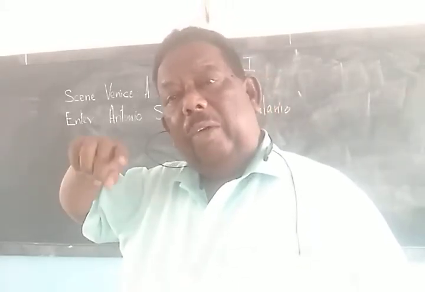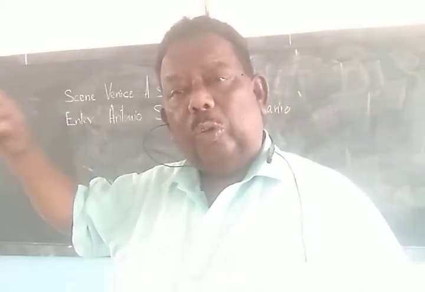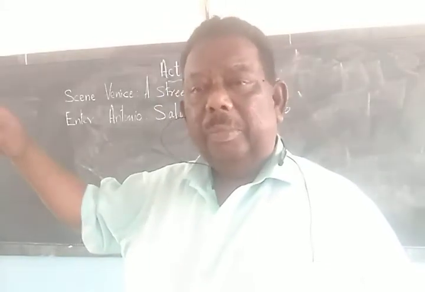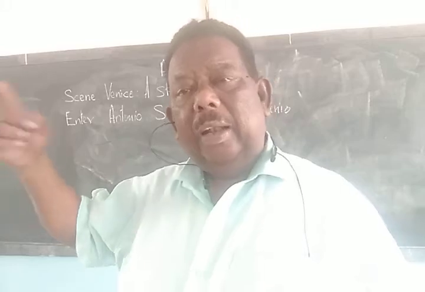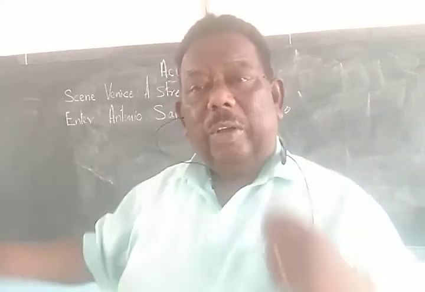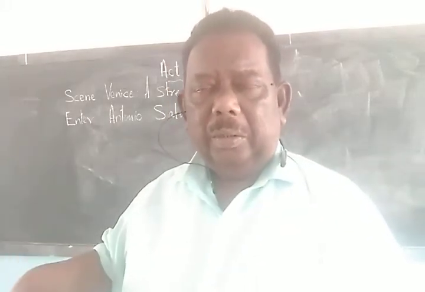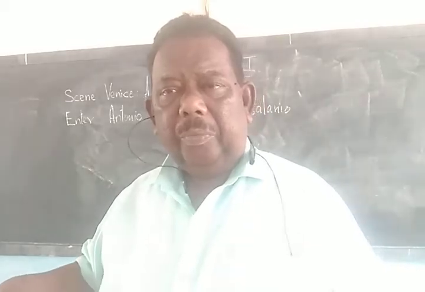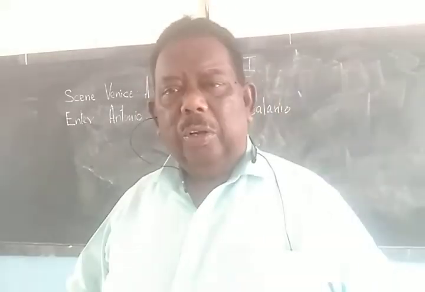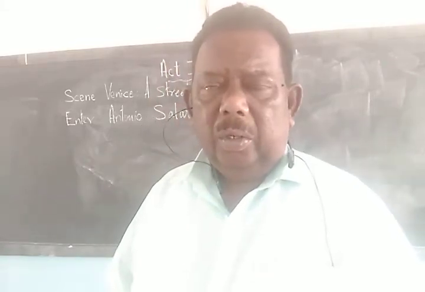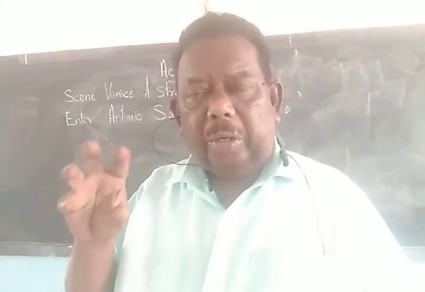There we are introduced to Portia and Nerissa, her maidservant. Okay. Then again in Act 1, Scene 3, we come back to Venice. And then you have Shylock, Bassanio, and all these people involved. So it is very important.